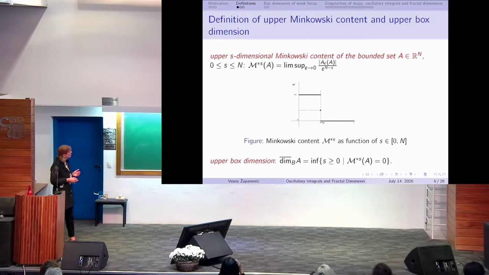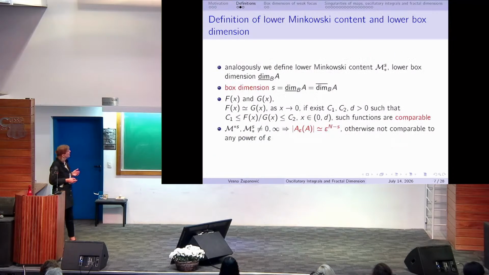Okay, if limit superior, limit inferior are the same, then you have upper and lower box dimension, and I'll call it a box dimension. Okay, we need this just to say that functions are comparable near, for example, 0, if this quotient is between two constants.